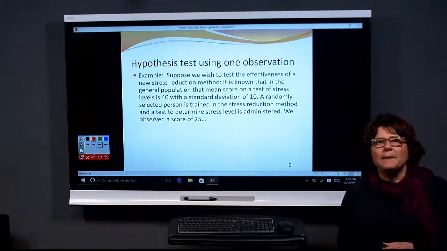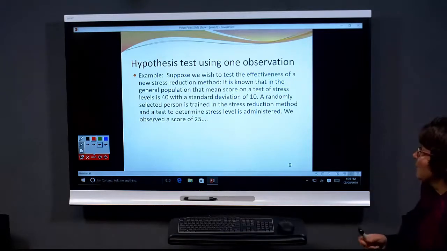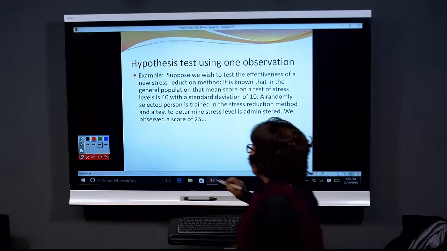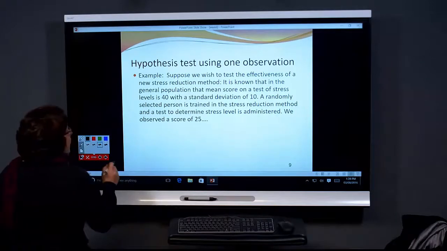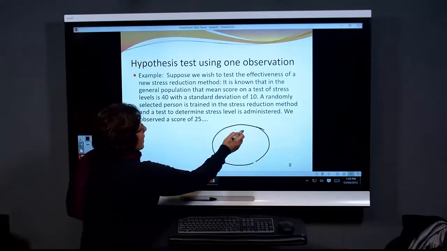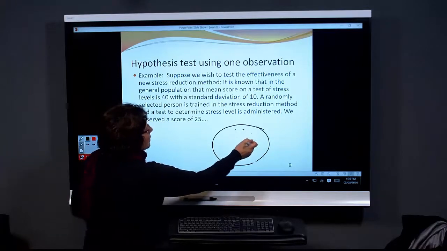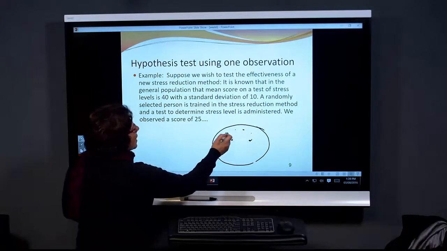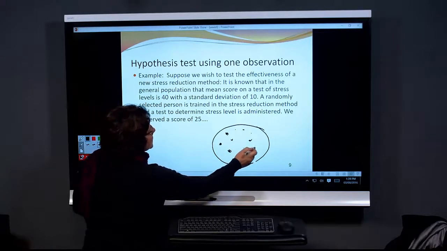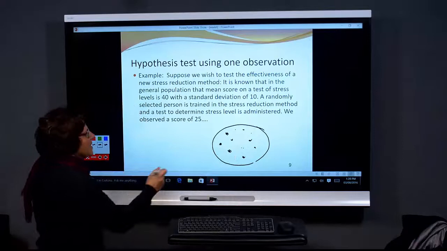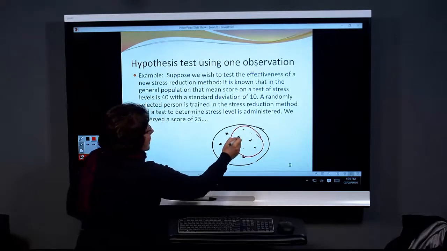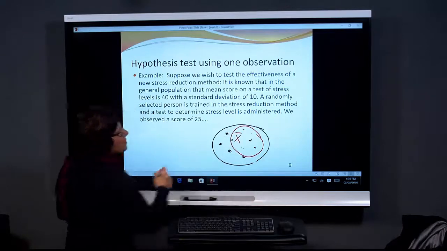Now, let's have a look at an example. By now, the only thing is that instead of talking about the population of individuals, we talk about the population of sample means. As we said, we take a sample of size n and we talk about this x bar.